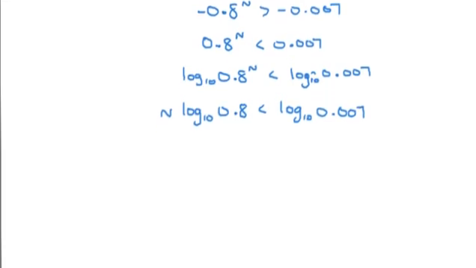And then we're going to divide by the log to the base 10 of 0.8. Now we're logging a number less than 1, so this is negative. We're dividing by a negative number. So the sign is going to flip round again.